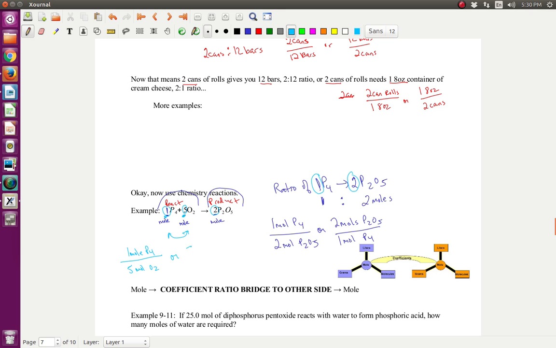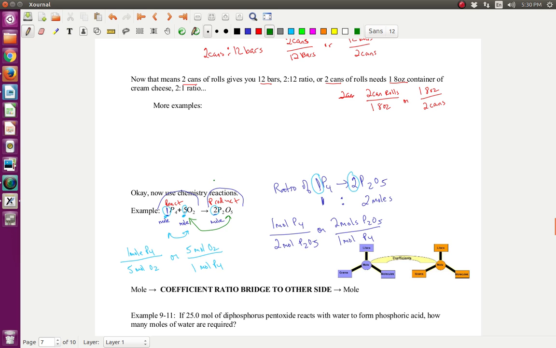Or I could say 5 moles of oxygen have to react with 1 mole of phosphorus. That's a different ratio. I can also do a ratio, I'm going to use a different color now, between oxygen and diphosphorus pentoxide. So you can pick any 2, it does not matter what 2, just any 2 on the equation. You can set up some ratios.